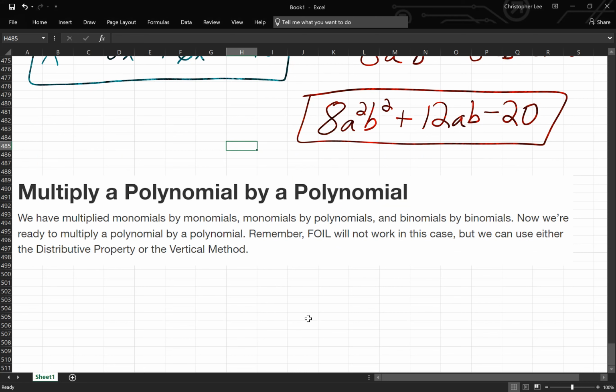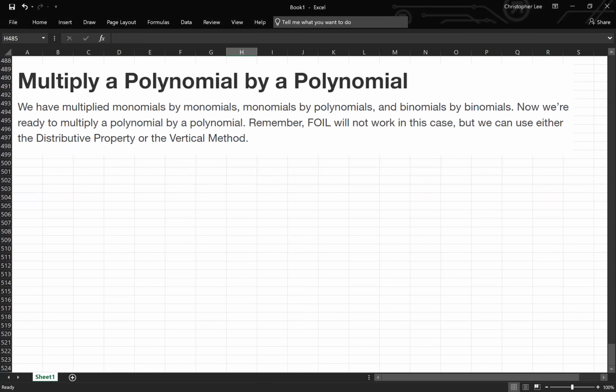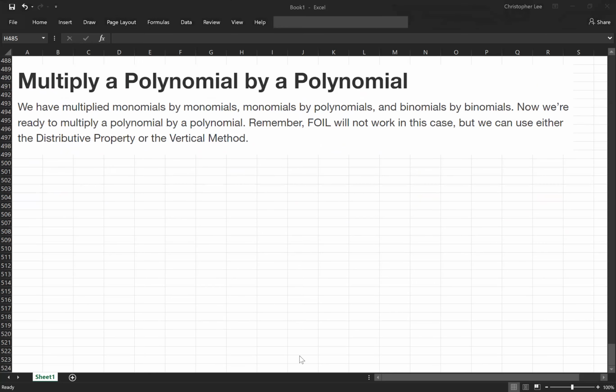Now we're ready to multiply a polynomial by a polynomial. Remember, FOIL will not work in this case, but we can use either the distributive property or the vertical method. Don't worry about the vertical method. We're just going to focus on the distributive property, right? Works for everything. We love that. Let's take a look. Show you what I'm talking about.